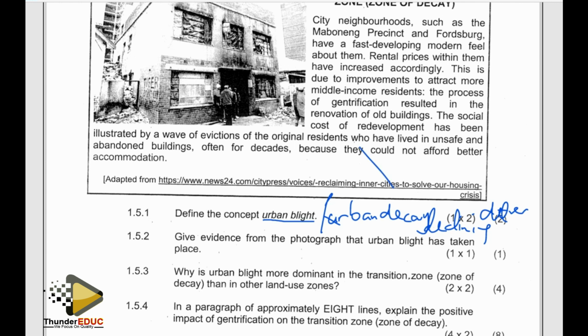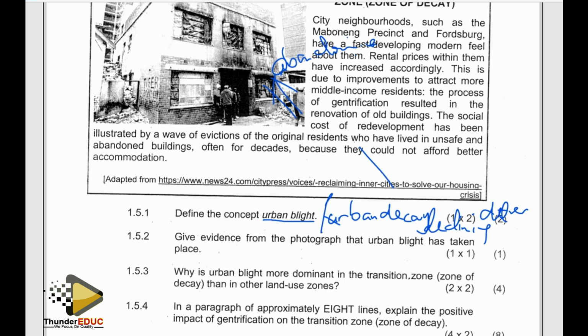If you see what this building is like, it's not in a good state. It's in a crumbling state, and also in the form of abandoned buildings. That is evidence of urban decay.